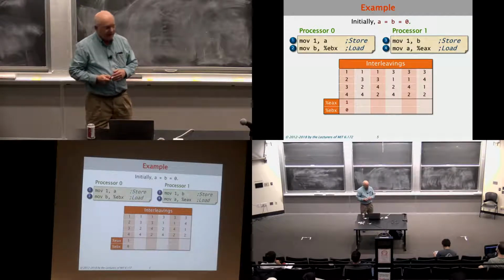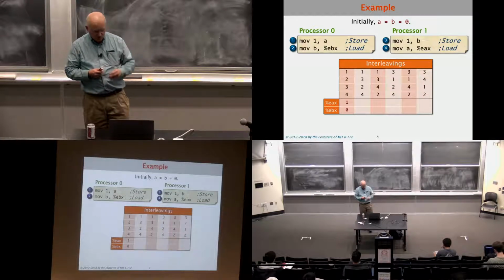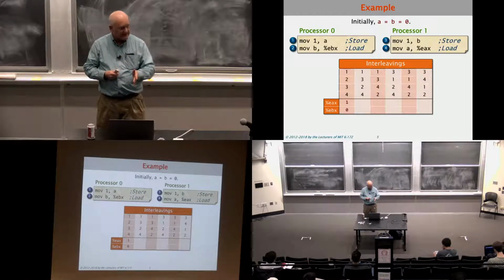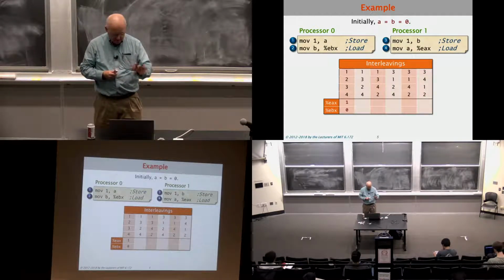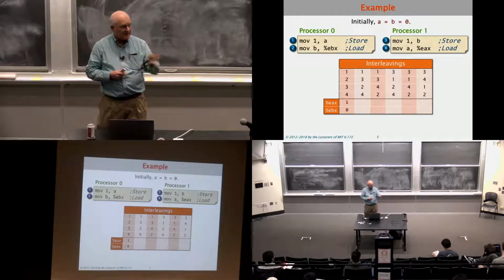One and 0. Yep. So it basically moves a 1 into A, then it moves B into EBX. B is currently 0, so it's got a 0 in EBX. Then processor 1 moves 1 into B, and then it moves A into EAX, and A at that point has the value 1.